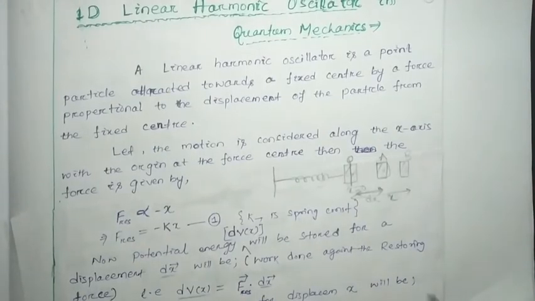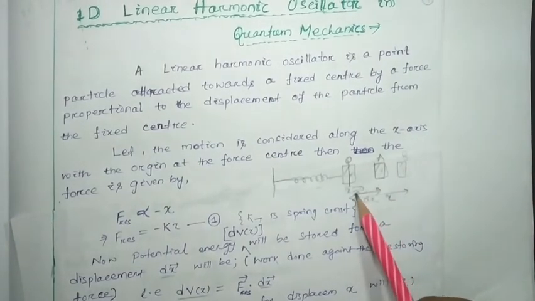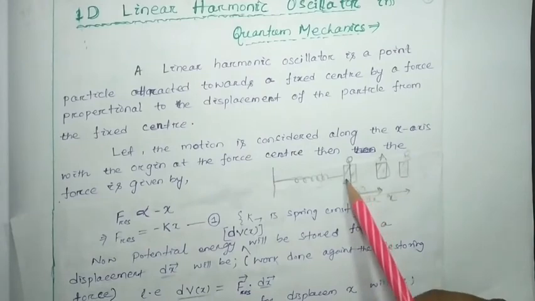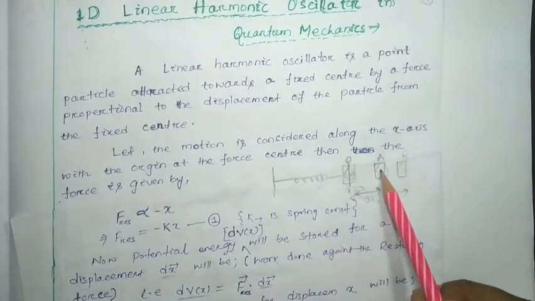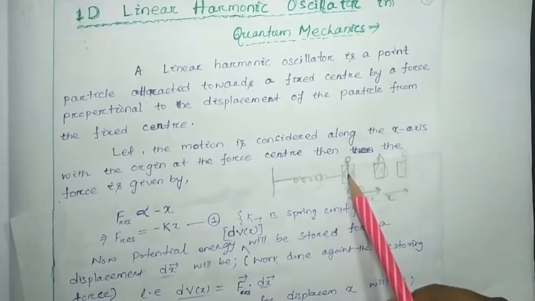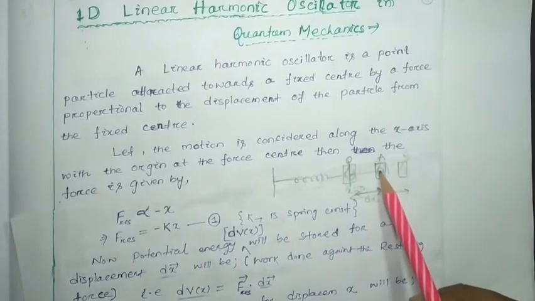Here I can show an example. Suppose I displace this particle from here to here. Whenever I displace it from here to here, however much work I have done, that much energy has been stored.